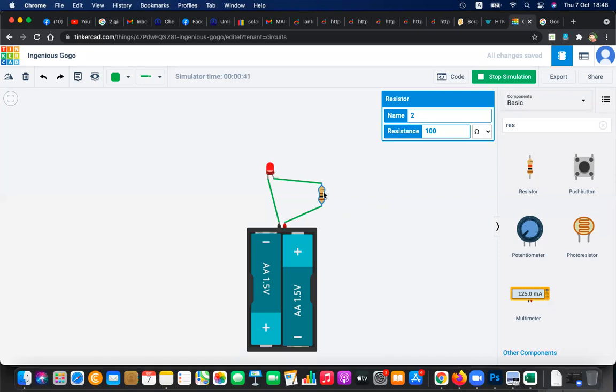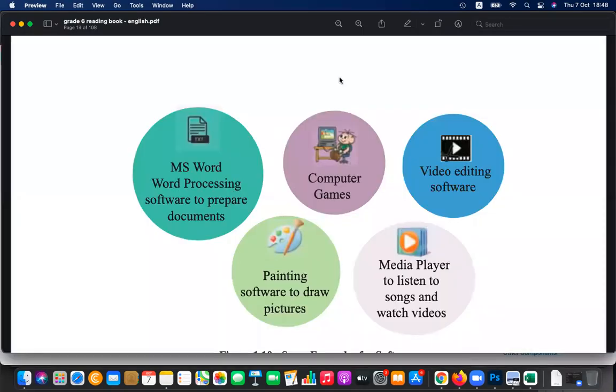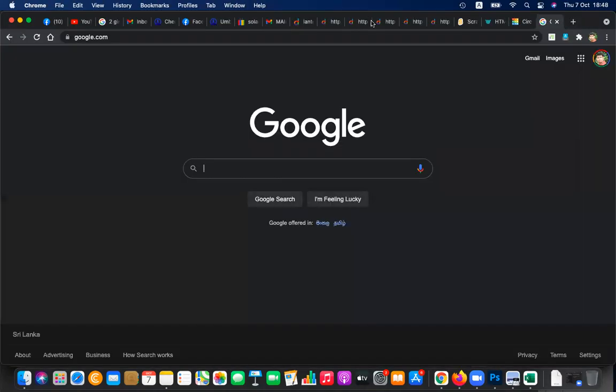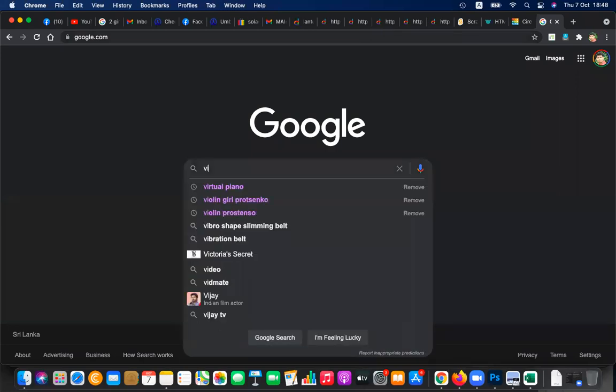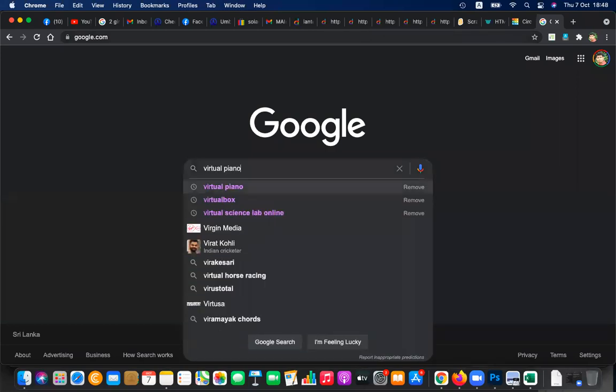So these are called simulations. For that also we can use computers, not just for the task mentioned here, but we can use them for simulation, not just for electronics. You can simulate some other things also. For example, think about this virtual piano.